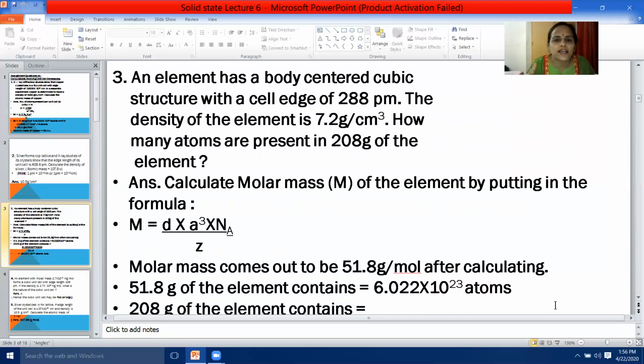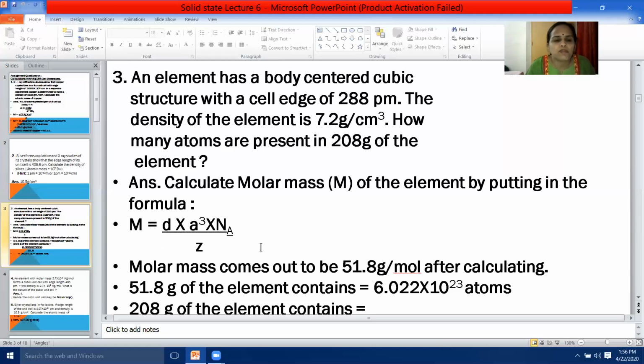Density is given here as 7.2 gram per centimeter cube, right? So using the formula D equals Z into M upon a cube into Na, first calculate the molar mass of the element by putting in the formula, which you can see by the cursor which I am showing you.